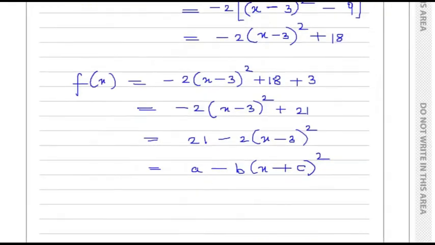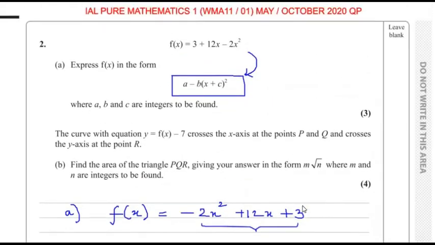So by comparison we can say that in place of a we have 21, in place of b we have 2, and in place of c we have minus 3. So these are the integers we have got for a, b and c. This is how we solve part A of this question.